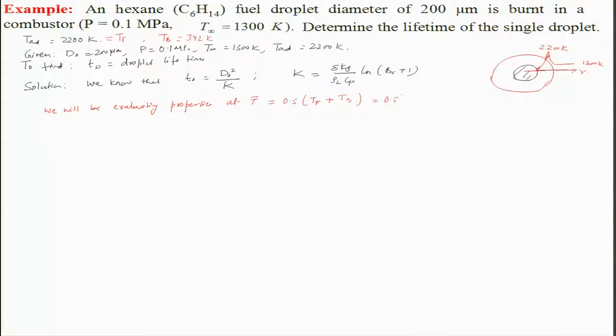So plus 342, I will be getting 1271 Kelvin. At this temperature I will be evaluating the properties.